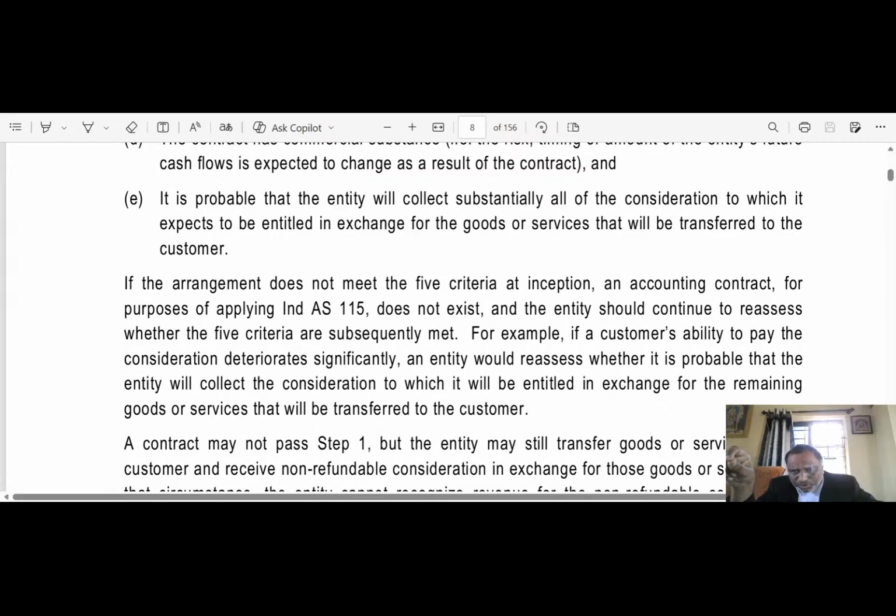For example, if the customer's ability to pay the consideration deteriorates significantly, an entity would reassess whether it is probable that the entity will collect the consideration to which it will be entitled in exchange for the remaining goods or services that will be transferred to the customer.